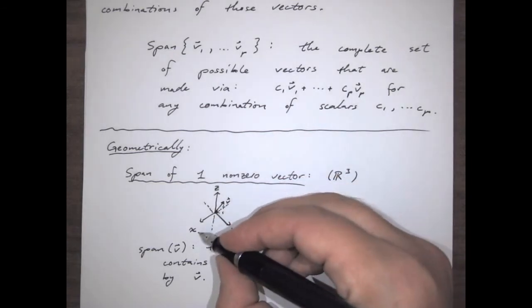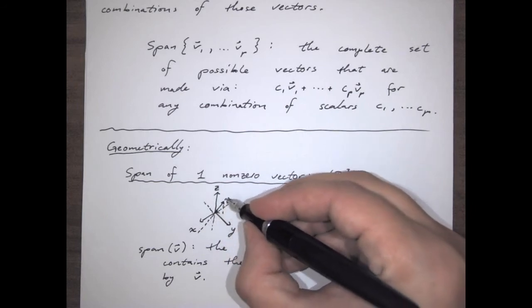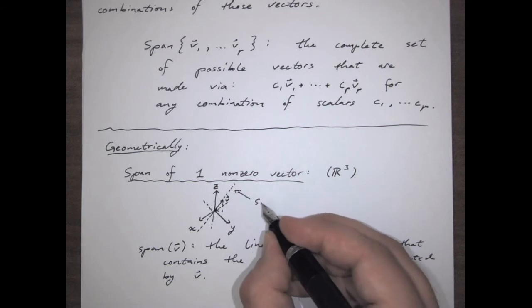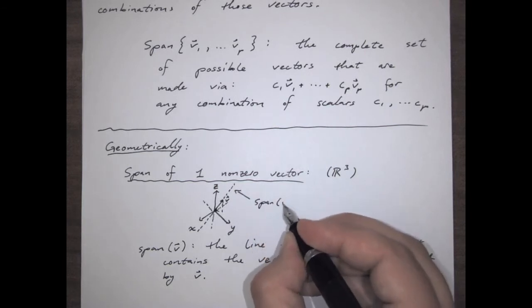So that little dotted line up there is the span of v.